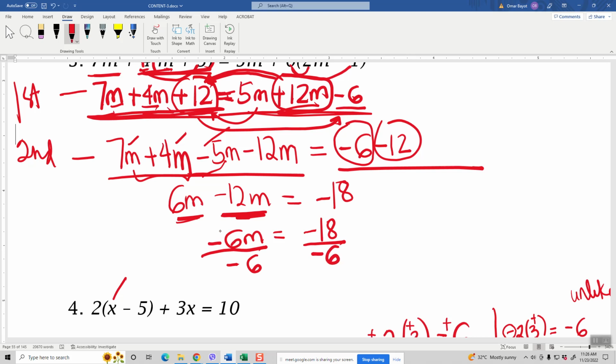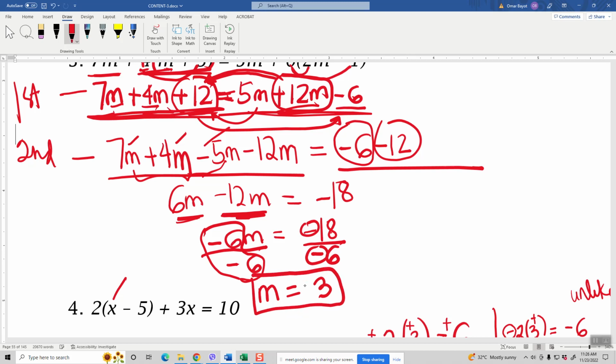Such that negative 6m divided by negative 6 will become positive m. Negative 18 divided by negative 6, they are like signs. So, like signs will give you a positive value, and 18 divided by 6 will give you positive 3. Again, if it's positive 3, no need for you to write positive here. Okay? No need. It's understood that it's positive.